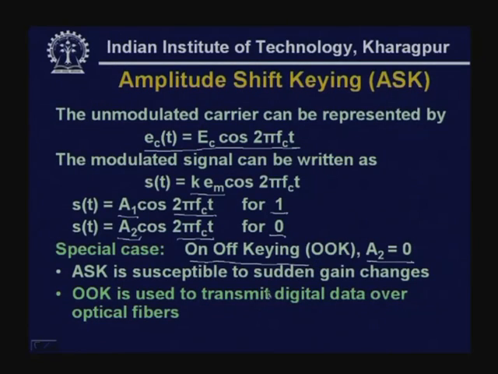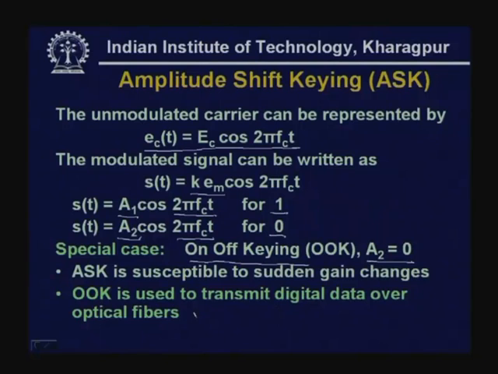And on-off keying, as we shall see, is susceptible to sudden gain changes. However, on-off keying has been found to be very suitable for transmission of data through optical fiber. So, in optical fiber we use on-off keying.